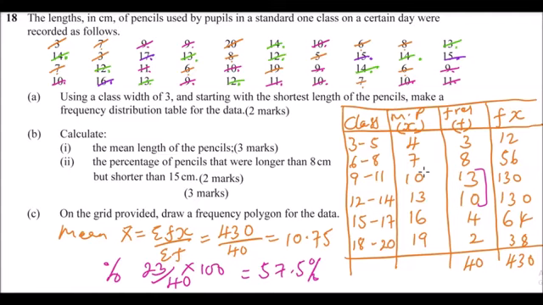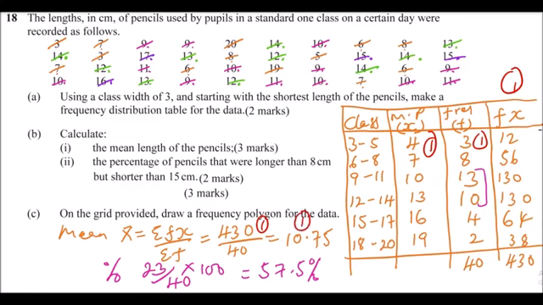So in this one, you get a mark for getting the midpoint. You get another mark for identifying the frequency, and you get another mark for multiplication and addition to get the total fx. When it comes to the mean, you get 1 mark for the method and 1 mark for the answer.